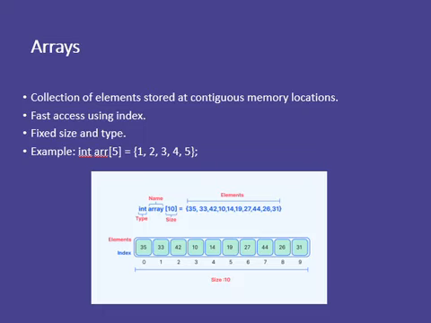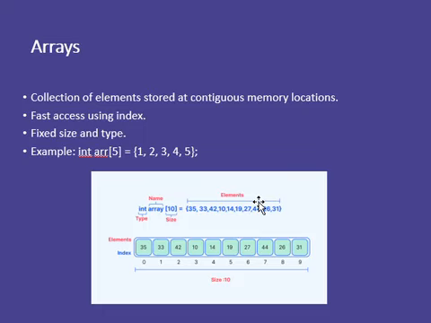Elements in a 1D array are accessed using a single index. As you can see in the picture, in this array there are 10 elements, and the indexing starts with 0 and ends with 9, and this is the single array or 1D array.